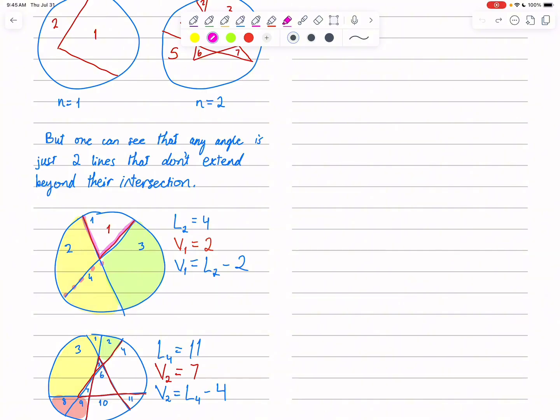Because we do not actually extend the line out past this point of intersection, you can imagine that these two regions that you would have gotten if you had two separate lines are merged into the third region, right?